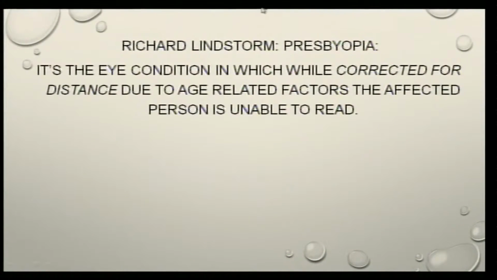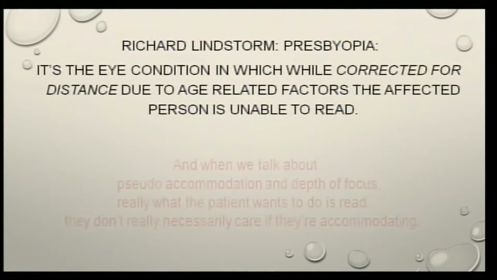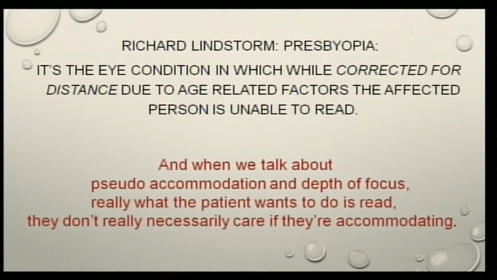Now when we are talking about presbyopia, we know that it is the eye condition in which, while corrected for distance due to age-related factors, the affected persons are unable to read. But when we talk about pseudo-accommodation and depth of focus, what the patient wants to do is read, and they do not necessarily care if they are accommodating or not.